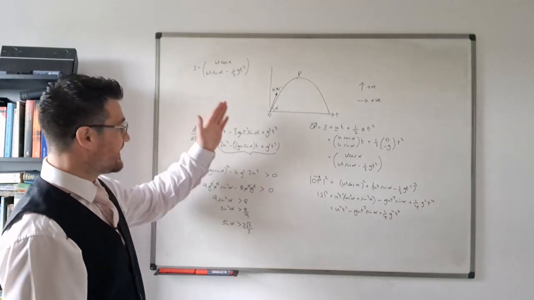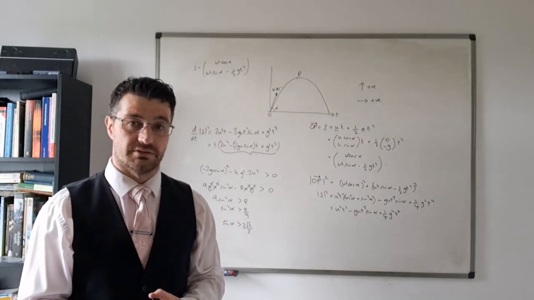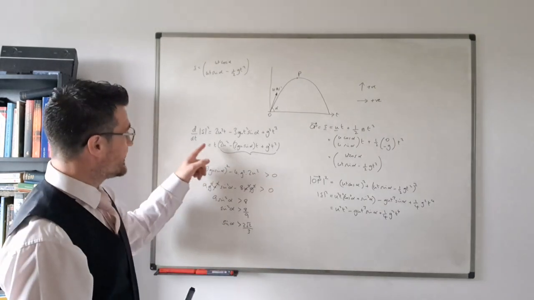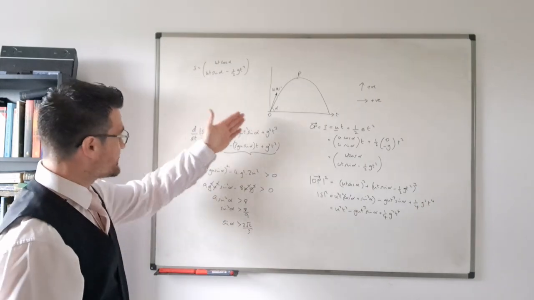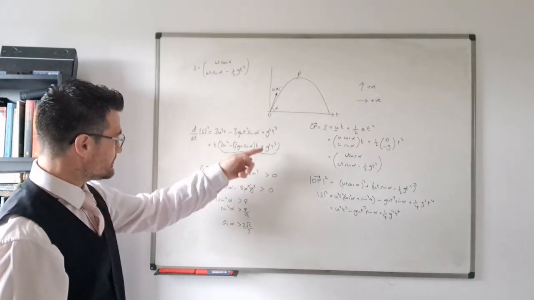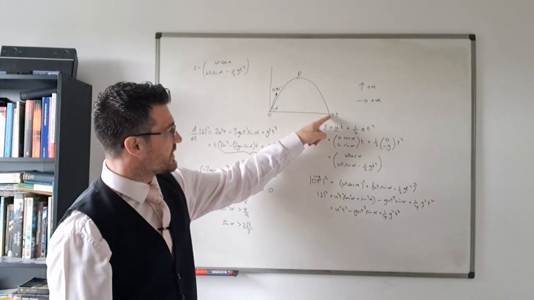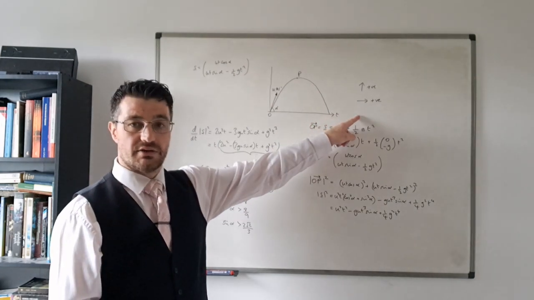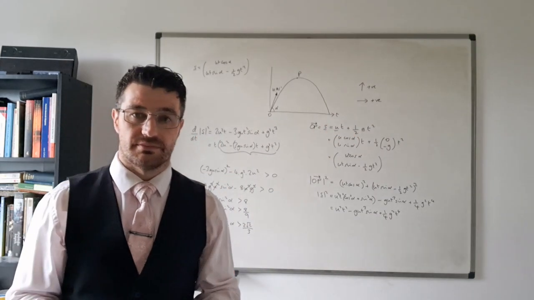This model is only valid for the duration of the flight of the particle. So what if the point where this becomes negative occurs after this point here, at a value of t over here somewhere? We've got to figure that out.